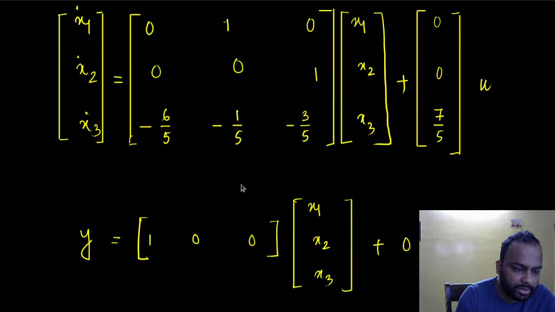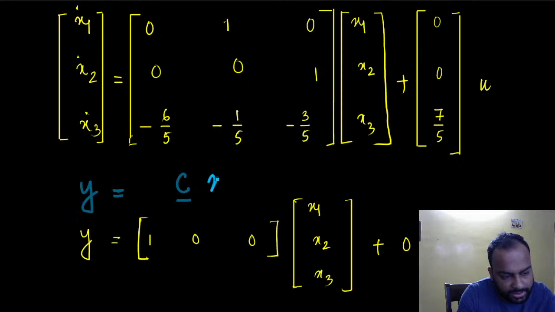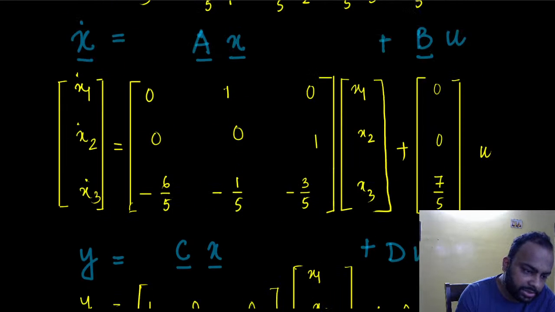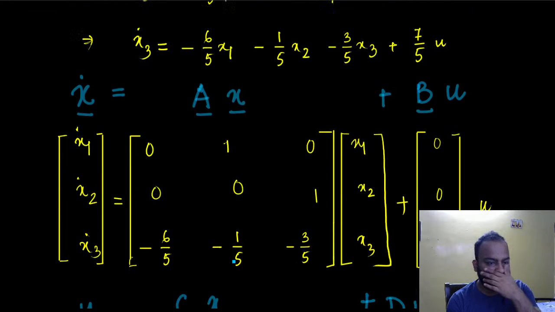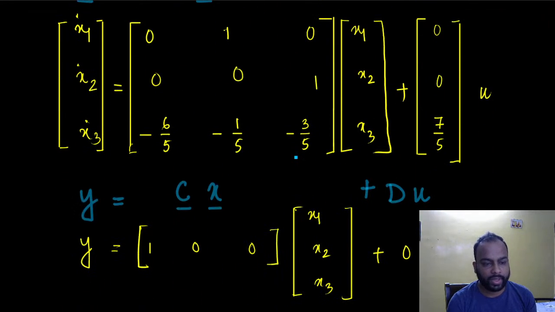And here this is y, which is equal to matrix C times x plus D times u. Here D is a scalar quantity. Okay, so these are the things you have. So you can represent any system in this form, right? I think it is not very difficult to see, right?